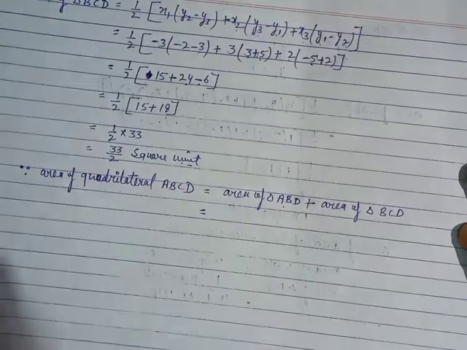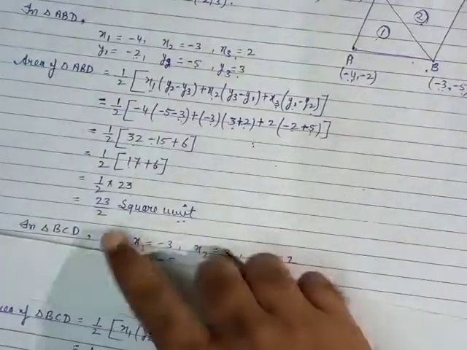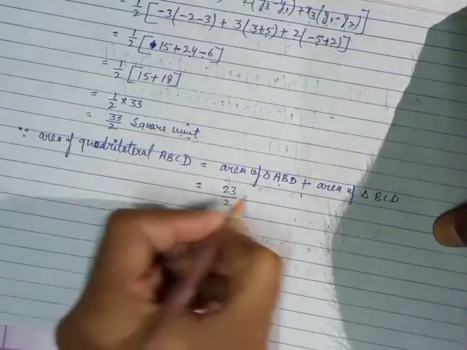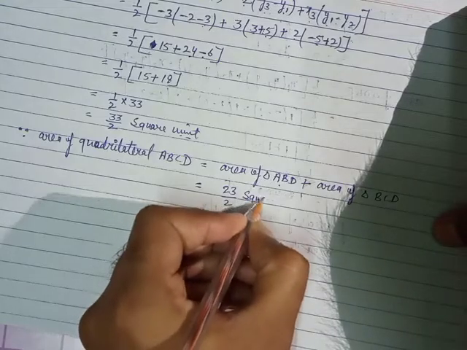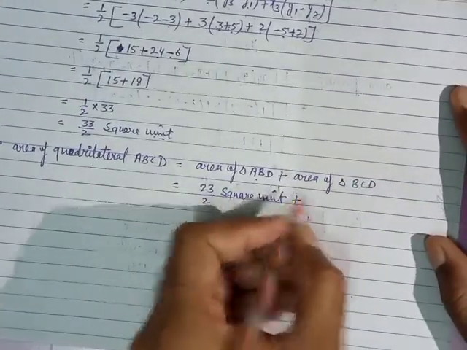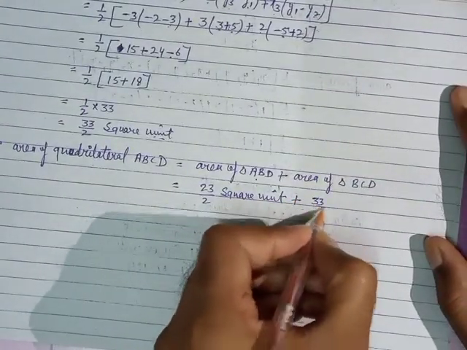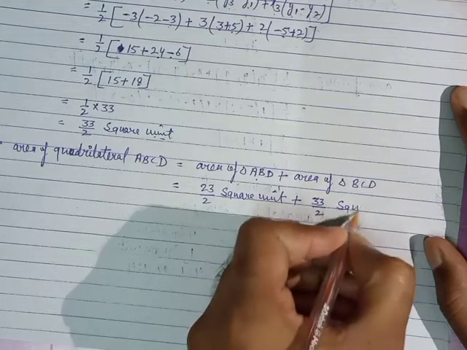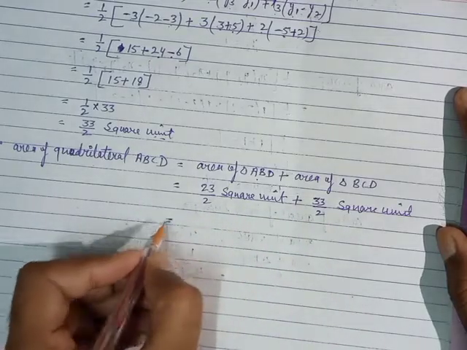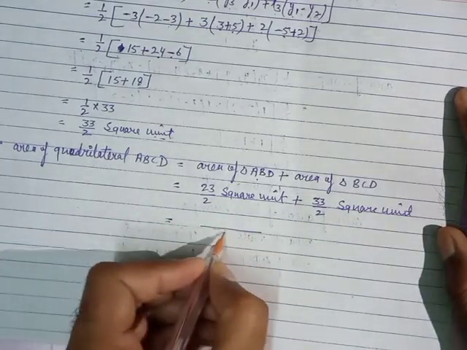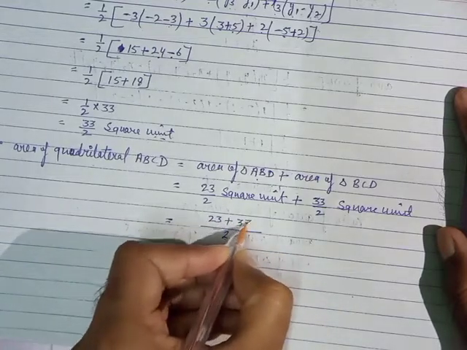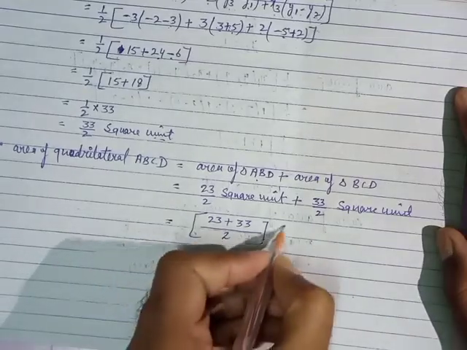Area of the triangle ABD is equal to 23 upon 2 square unit, plus area of the triangle BCD is equal to 33 upon 2 square unit. When we take LCM here, we get 23 plus 33 upon 2 square unit.